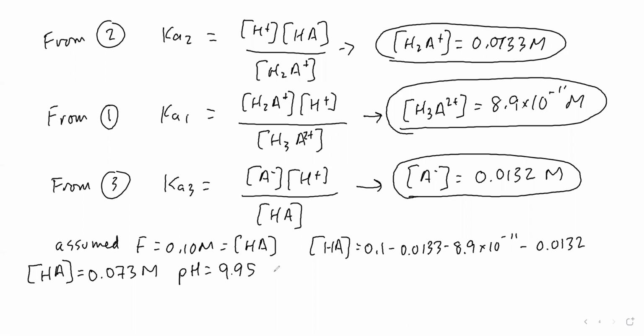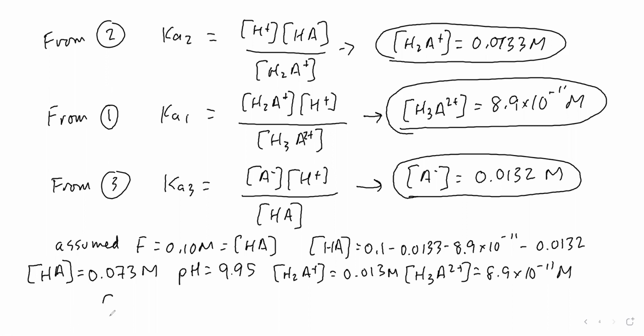And what we found was the concentration of H2A+ was 0.013 when it's rounded, concentration of H3A2+ was 8.9 times 10 to the minus 11th molar. And then finally, our concentration of A minus was 0.013 molar.